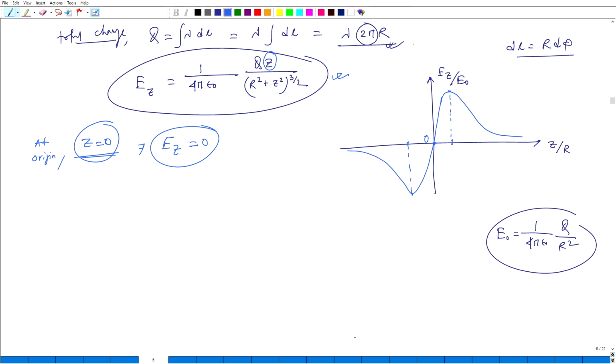To do so, first we take the derivative dEz by dz with respect to z.